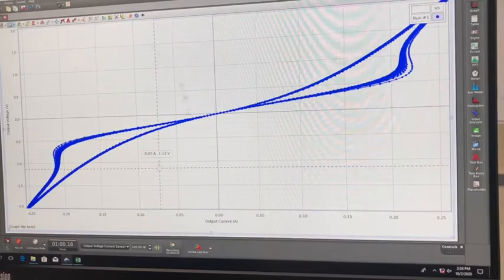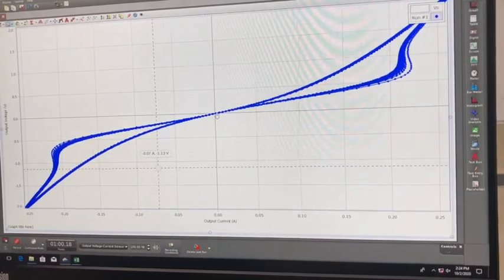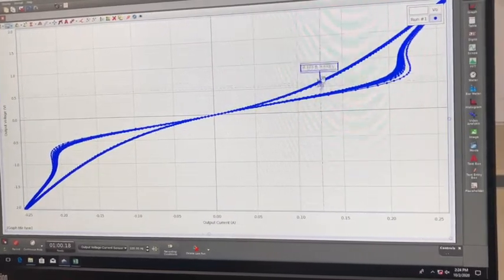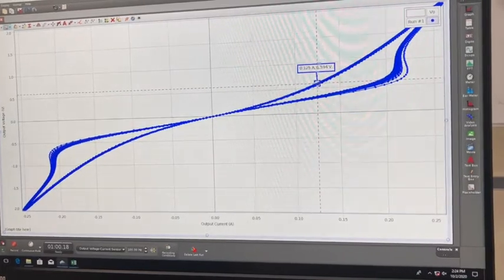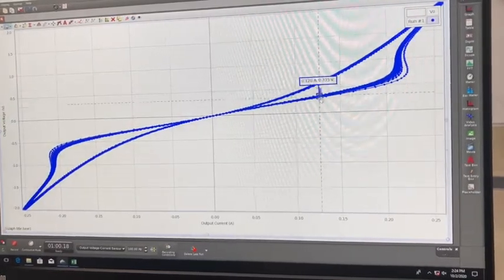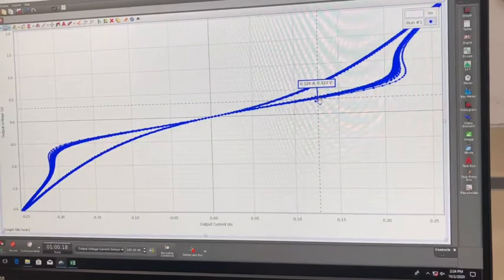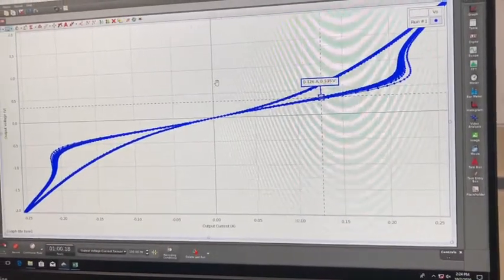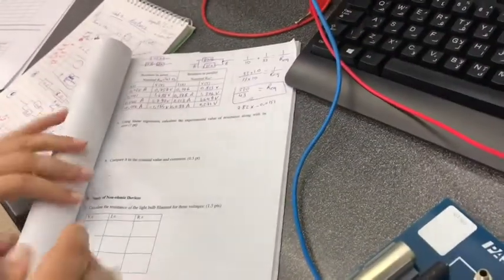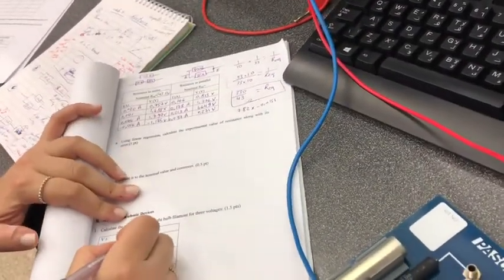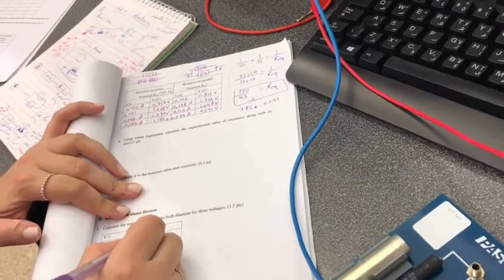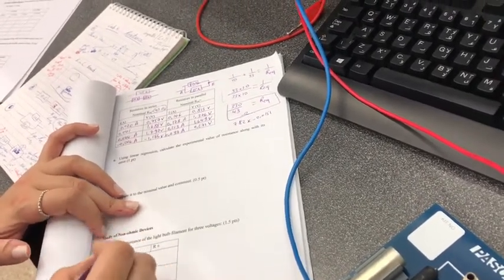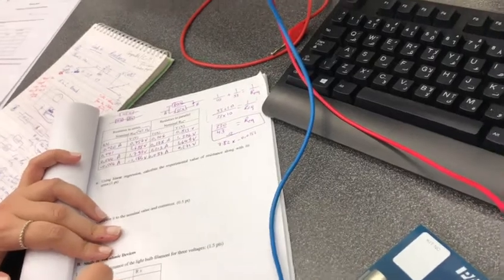Now passing through the origin, yes it is, but no, it's not the efficient point. This one is efficient. For the same, for example, 0.126 ampere, we have 0.335 volts. Let's write it down. So for the same current 0.126 ampere, the first point I have is 0.335 volts.